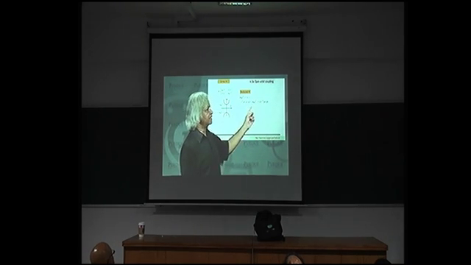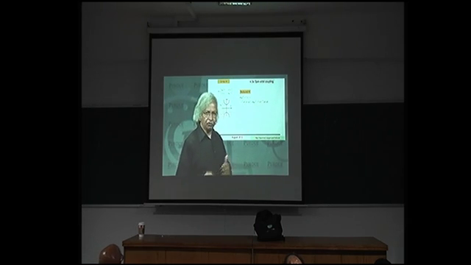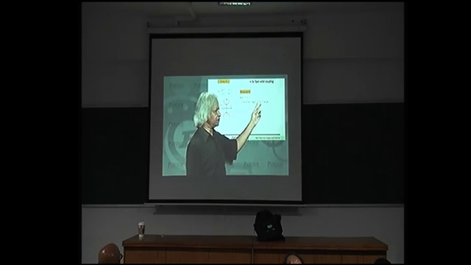Now, this requires some discussion in terms of how to handle it when you have a potential that is varying with energy, varying spatially and so on, because this itself is a matrix.